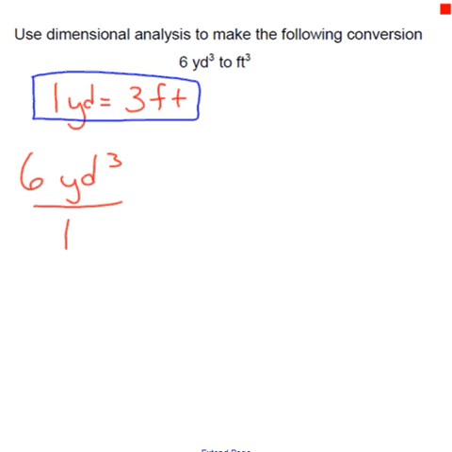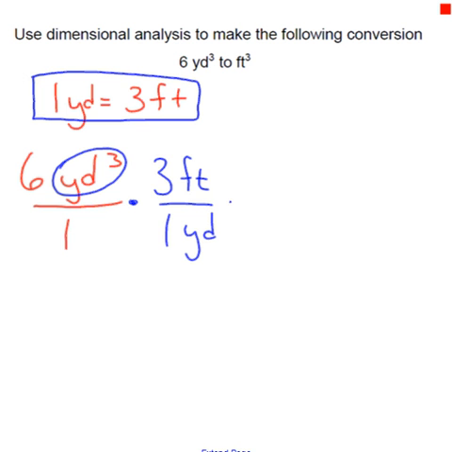If it did, I could just use that conversion and just do one step. But because the only conversion I have is yards into feet, and this one is cubic yards, that means I have to use the conversion 3 times. So I'm going to do feet on top, yards on the bottom. But I'm not just going to do this.